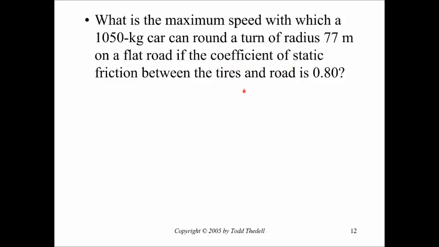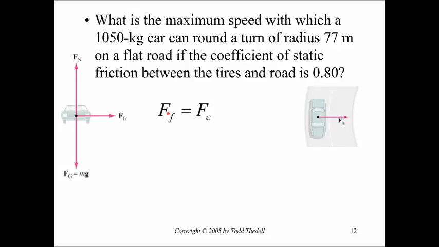Static friction, it's not. So the picture looks like that, and we're looking for the same thing we did before. So we start out with the friction. It causes the centripetal force. Plug that in. We don't need the 1,050 kilogram. You can cancel those out.